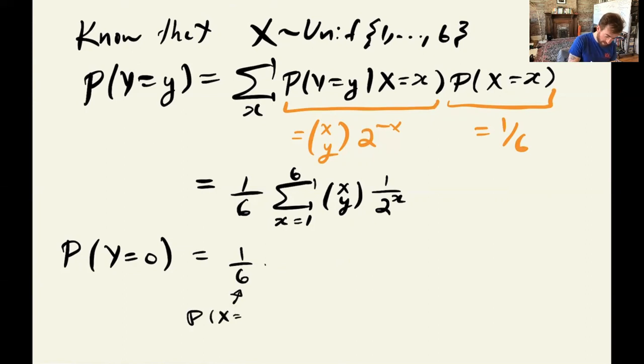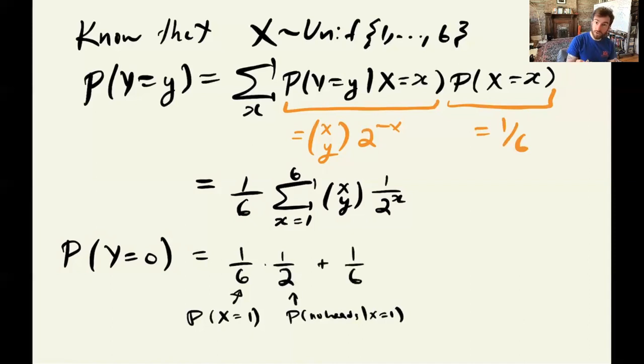Oops, sorry, probably that x equals 1, times the probability of getting a single tails, which is just 1/2. That's the probability of no heads, given that x equals 1.